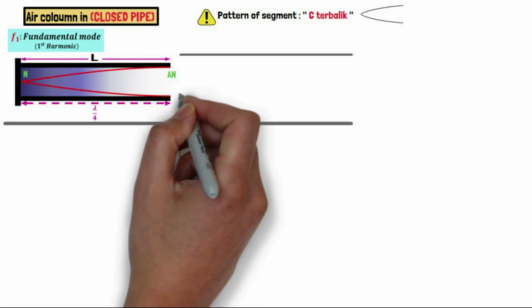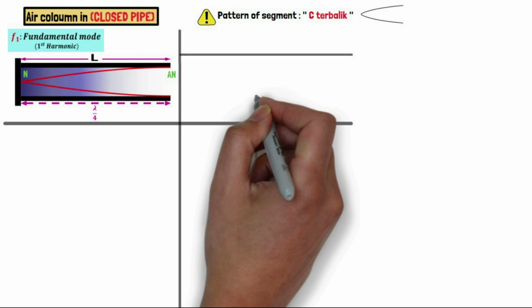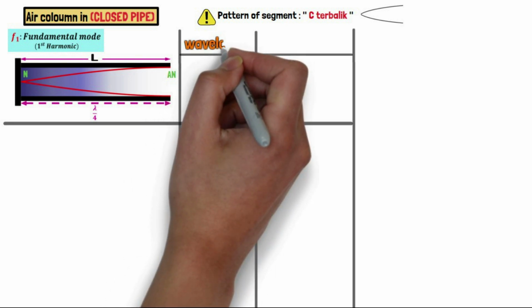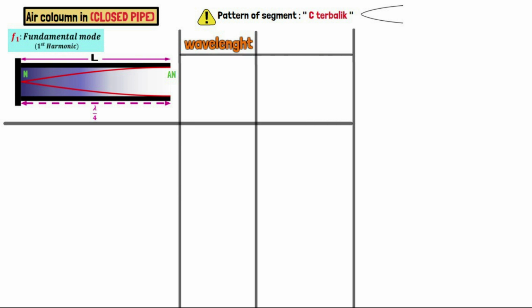Okay, so kita lukis dulu kita punya table untuk kita fill up the table with wavelength and frequency equations. Therefore, lambda is equal to 4L untuk first harmonic for closed pipe. Boleh? And the pattern of the standing wave hanya ada satu saja C terbalik.